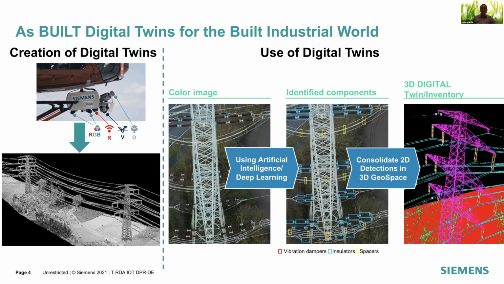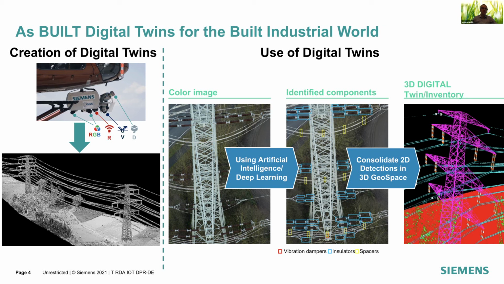One of the new use cases of Siemens is the overhead line inspection. Here you can see on the left that the creation of the digital twin is one important aspect, and this is where the computer vision methodology comes into play.